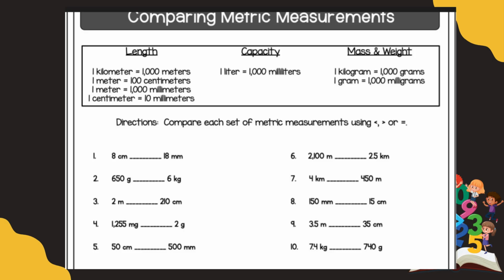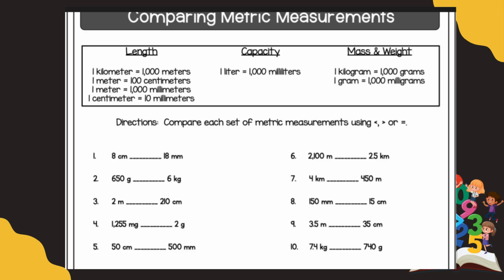So I know that 6 times 1,000 equals 6,000. So now I can compare 650 grams to 6,000 grams. You can clearly see that 6,000 grams is going to be greater than 650 grams. So go through and convert your units to the smaller unit and then compare them both.